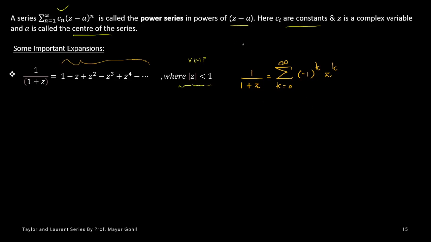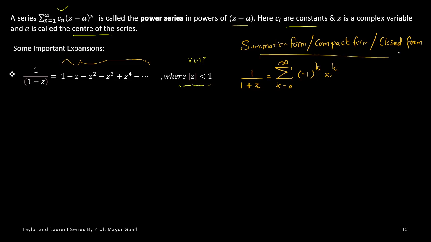Such a form is called the summation form, or it is also called the compact form. Sometimes it is also called a closed form. It depends upon the teacher or the student or the author who is explaining the part. So this is the very important thing that we need to know: the summation or the compact form.